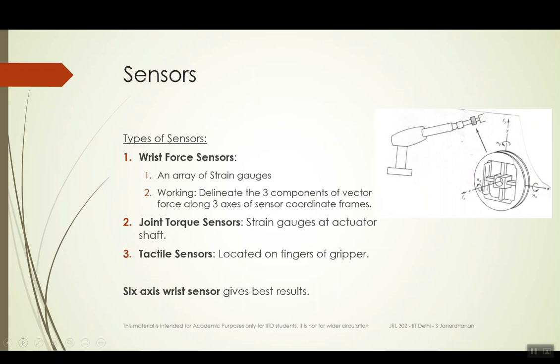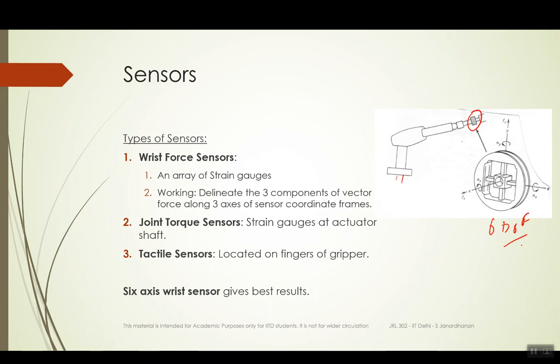Since we are talking about measurement of force, there can be various types of sensors used for the measurement of force. There may be sensors in the wrist of the manipulator, or sensors in the joints of the manipulator. In a wrist, there may be an array of strain gauges, something like this. This is a 6 degree of freedom strain gauge.